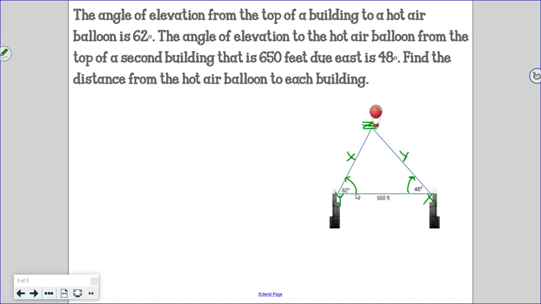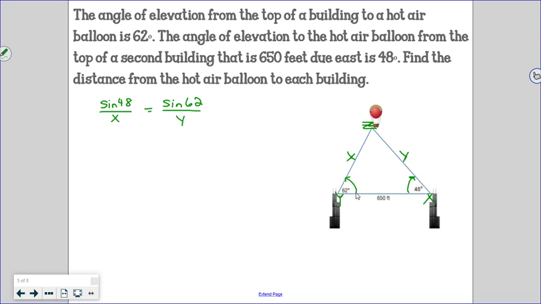So using this idea of law of sines, it tells me that the sine of an angle, for example sine of angle 48, over the side x would equal the sine of any other angle over its side. But if I set up angle 62 and angle 48, sine of 48 degrees over the side across from it, which is unknown, has to equal the sine of 62 degrees over the side across from it, which is also unknown.